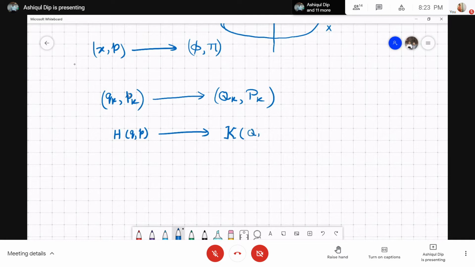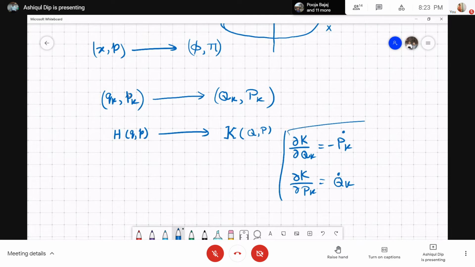So we want the equations of motion for K to be like this: delta K over delta QK should be negative PK dot, and also delta K over delta PK to be QK dot.